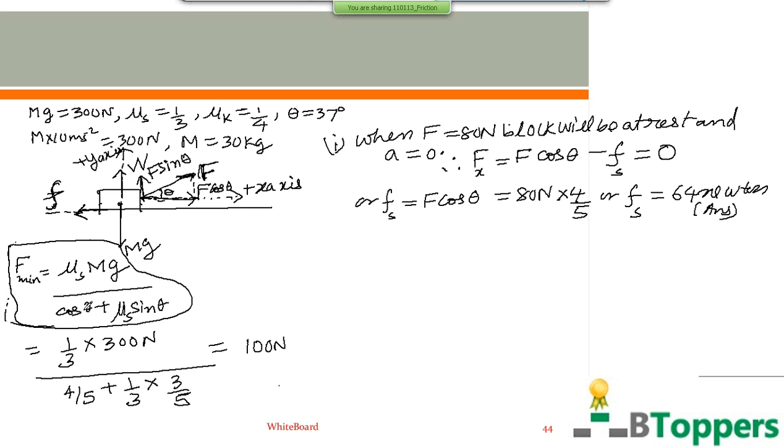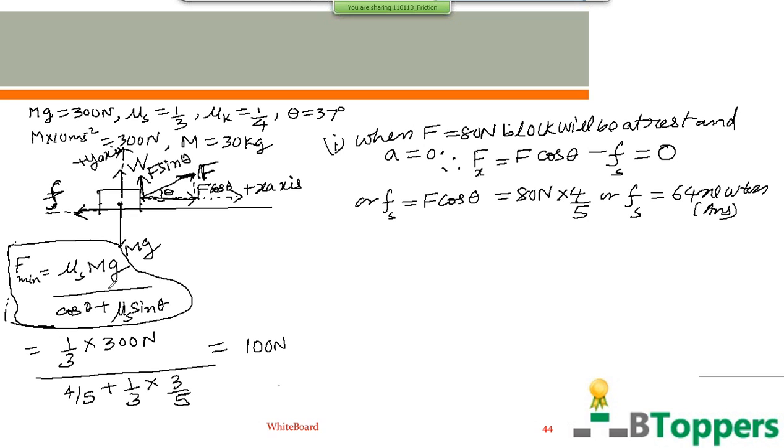I explained how to calculate the minimum pulling force required to start the block moving in one of the special cases earlier. That working you have to repeat. You have to arrive at this conclusion first and then use the conclusion. But in an objective type exam we can straight away use the conclusion.